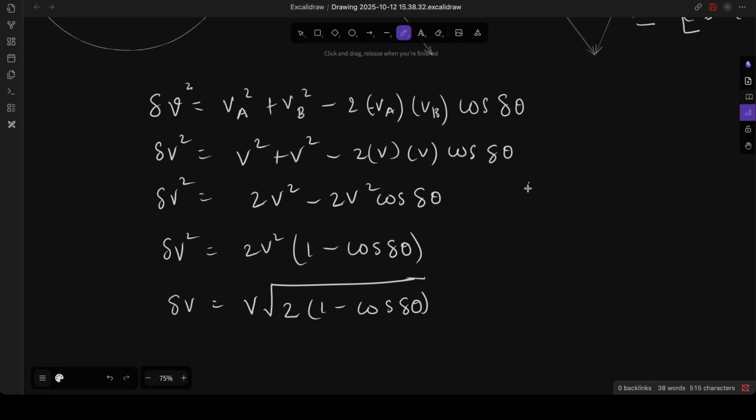Now this is an important thing that we have done in AS level, and I remember all of you have done this. If I take theta in radians, now remember theta is always in radians here.